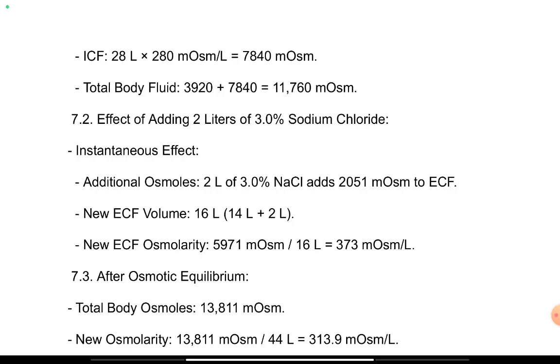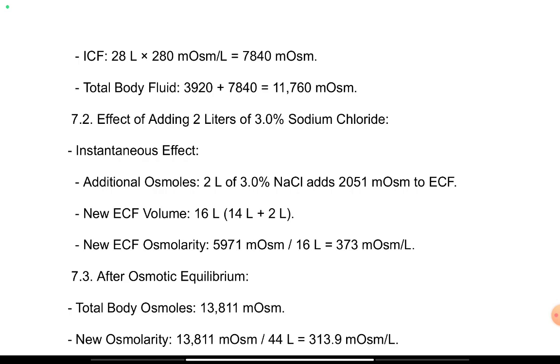So you will be dividing 30 by the molecular weight of sodium chloride, which is about 58.5. You should get around 0.2 something. So you convert that to millimole, it should be 200-something.